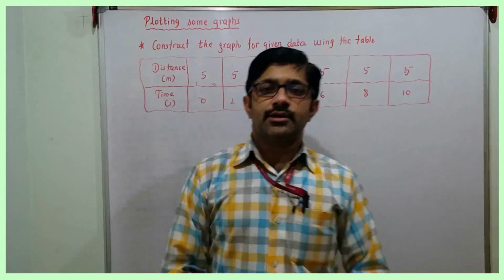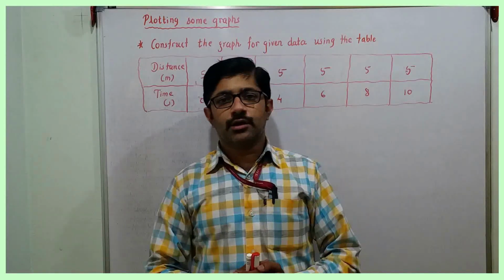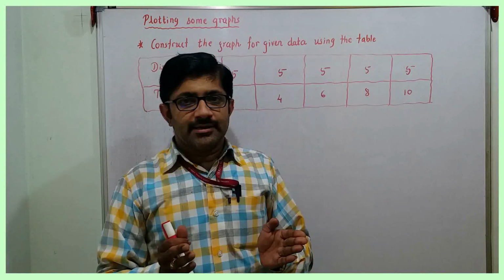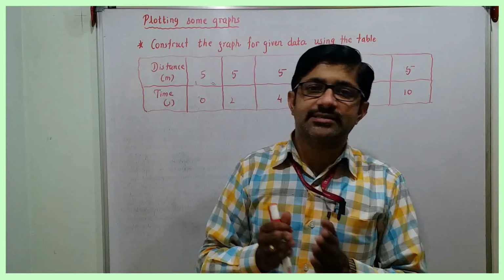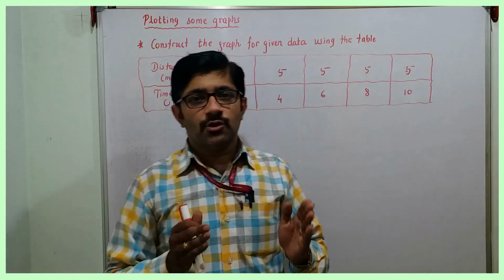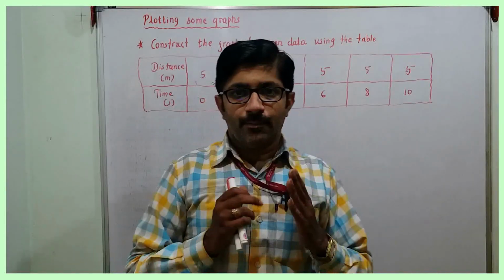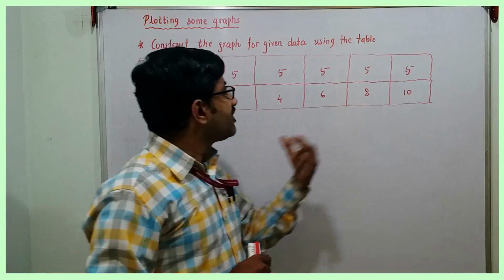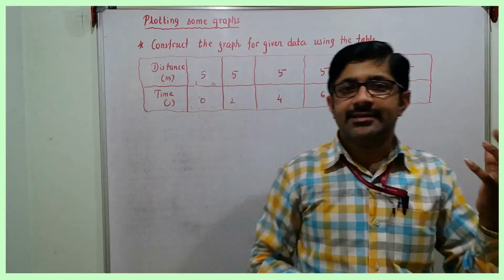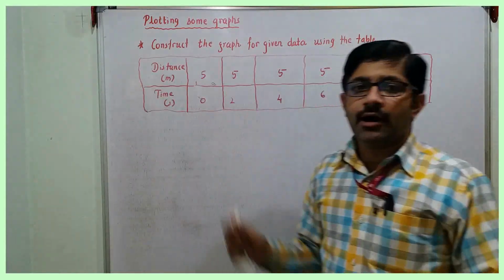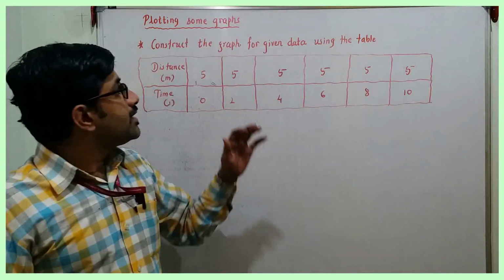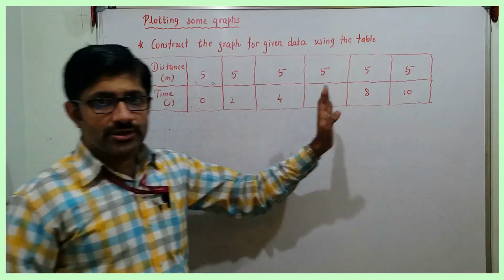Okay, dear students, let us plot some graphs for velocity as well as distance time graphs. So the first point is to construct the graph for the given data using the table. The data are mentioned in the table, so we are plotting the graph for such a table.